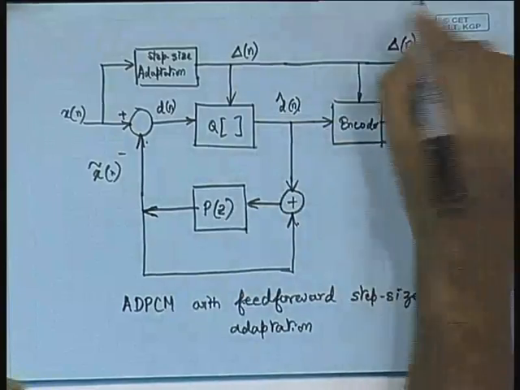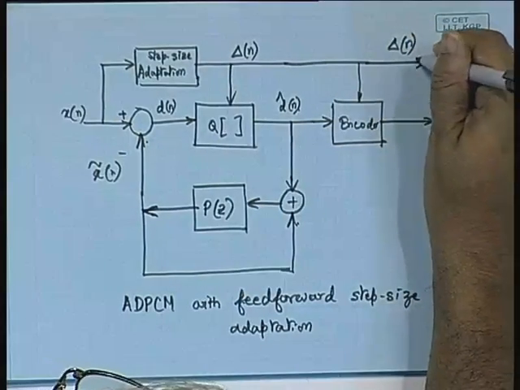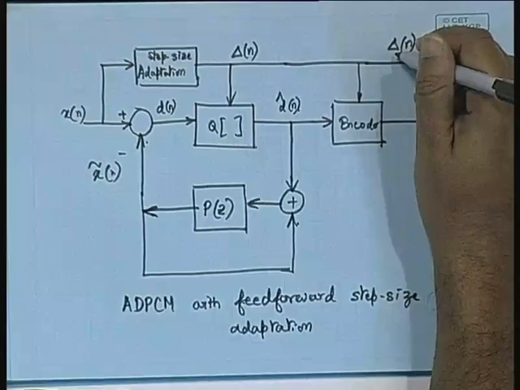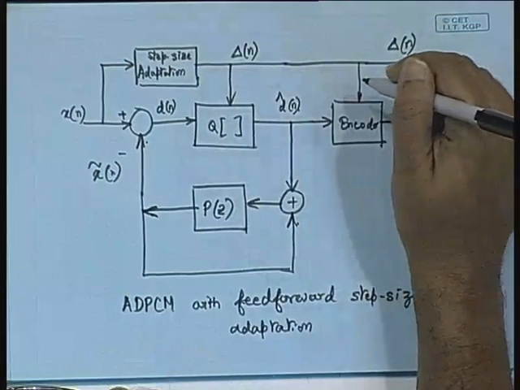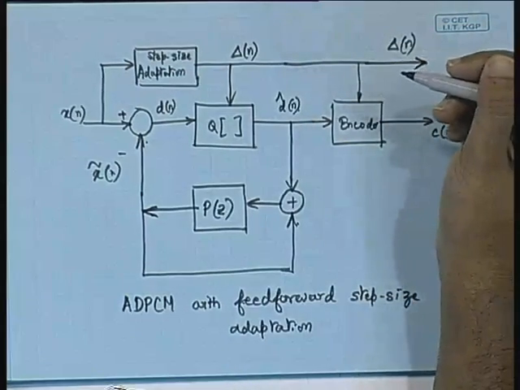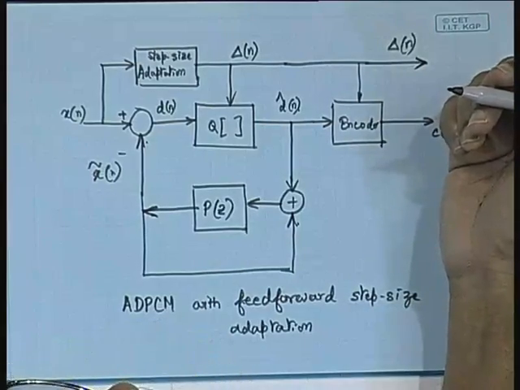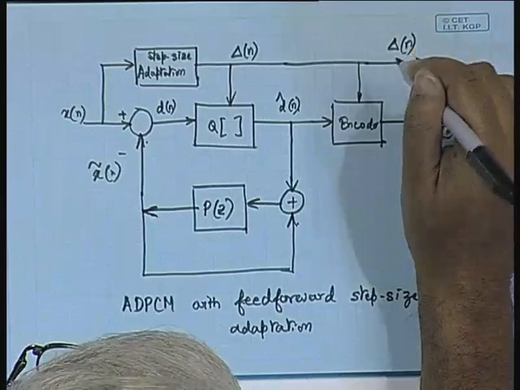So, you see that being feed forward, we are also transmitting this delta n, and why do we decide to have this as feed forward? One can have it either as feed forward or as feedback, but with feed forward, we know the advantage is that it is less susceptible to error.